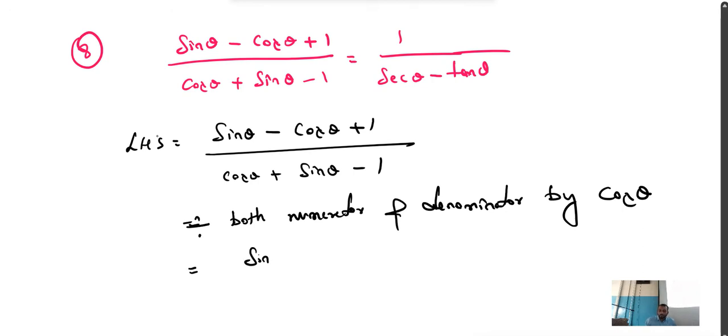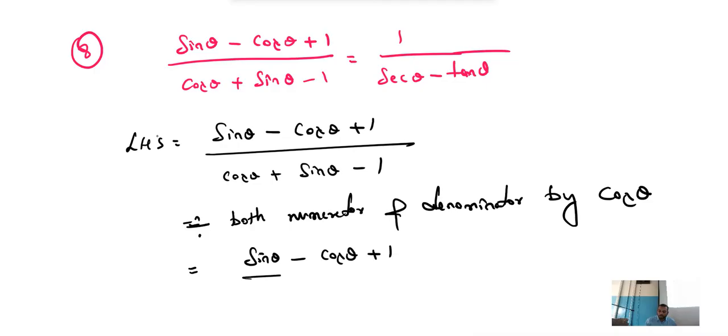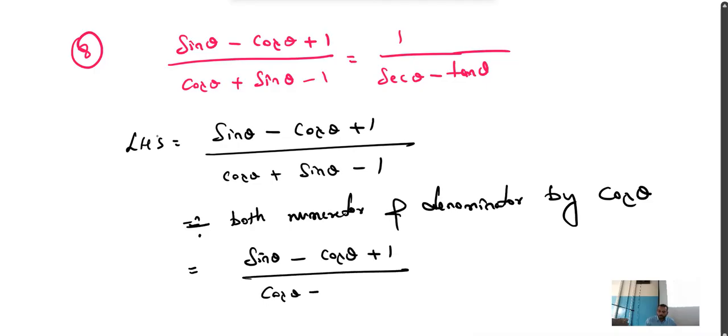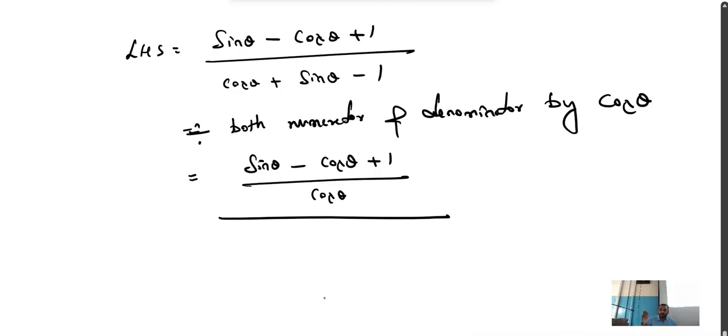So it will become: numerator sin theta minus cos theta plus 1, divided by cos theta plus sin theta minus 1. First we divide the numerator by cos theta, whole divided by cos theta plus sin theta minus 1 divided by cos theta.